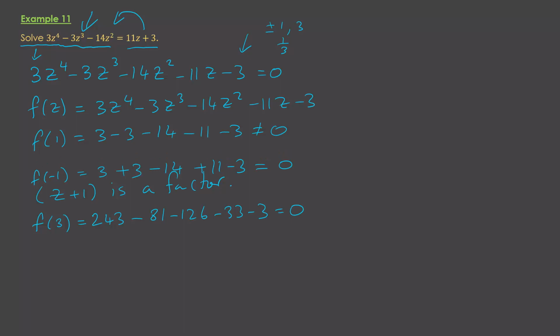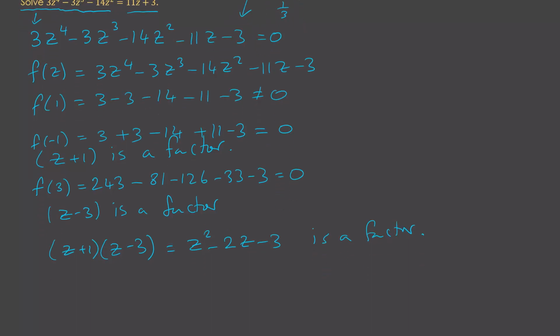And therefore, z - 3 is a factor. And that means that (z + 1)(z - 3), which is z^2 - 2z - 3, is a factor.